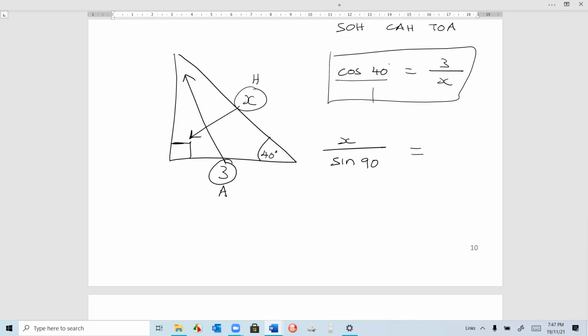But remember this is a triangle: 180 minus 90 is 90, 90 minus 40 is 50, so we have 50 degrees there. So we could say that's 3 over sine 50. That is the sine rule, and then we can cross multiply. Remember, sine 90 and sine 50 can be found on the calculator. So that is a simple illustration of how we can use the sine rule in a right angle triangle, or we could use SOHCAHTOA.